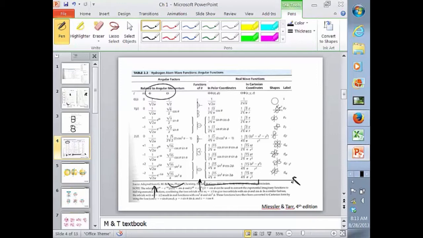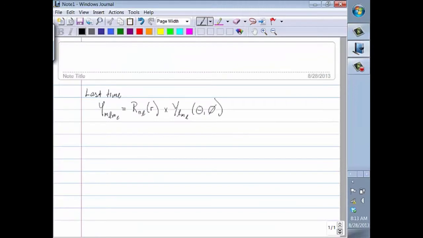Okay? So I just want to point out that as far as the nodes go, there's two types of nodes, radial, and those are where the radial function is equal to 0.